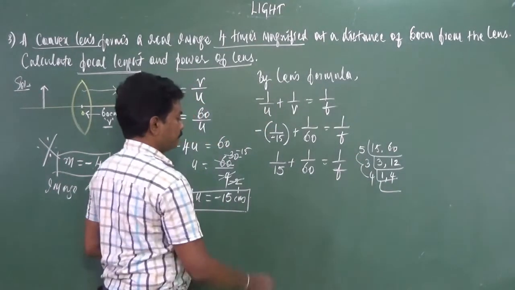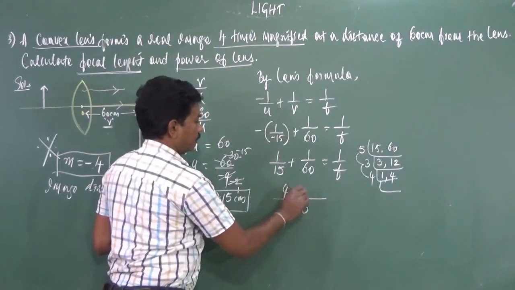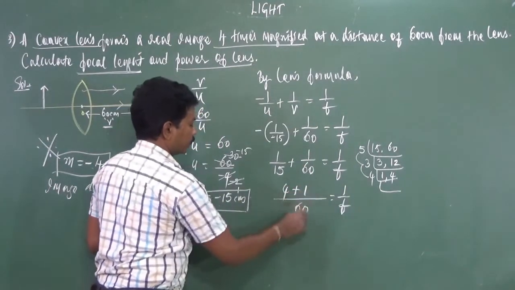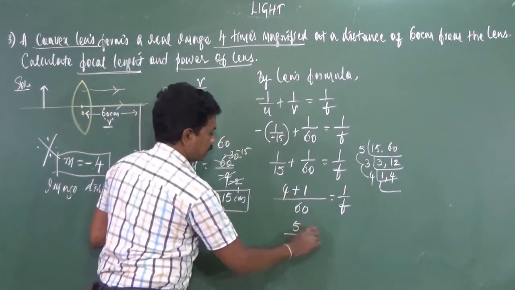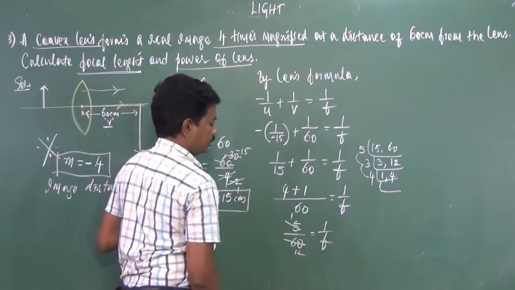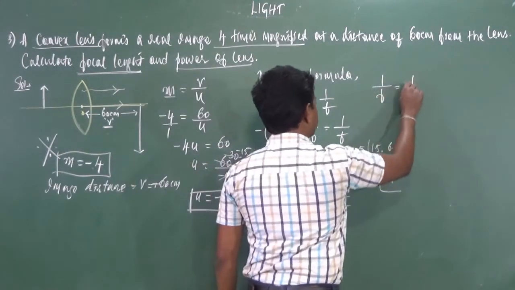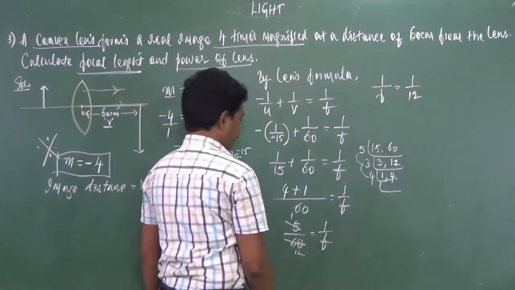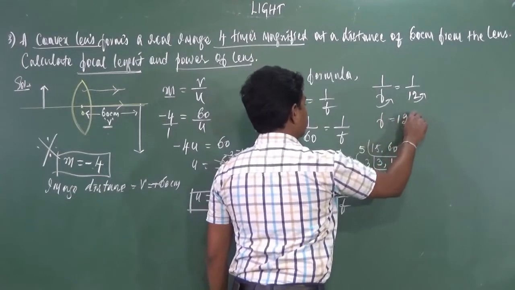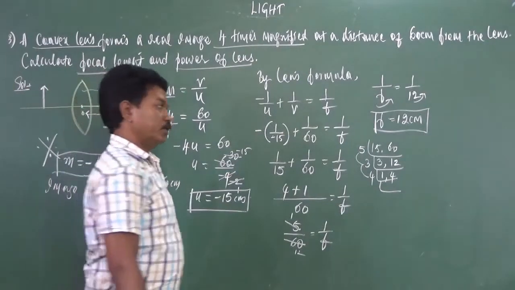So 60 becomes the LCM. 1 by 15 into 60 is 4, plus 1 by 60 into 60 is 1, is equal to 1 by F. So 4 plus 1 is 5 by 60, which is 1 by 12. Therefore 1 by F is equal to 1 by 12. Taking the reciprocal on both sides, F is equal to 12 centimeters. So the focal length of the lens is 12 centimeters.